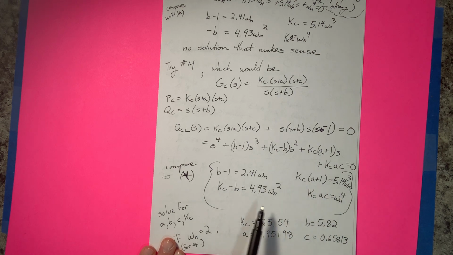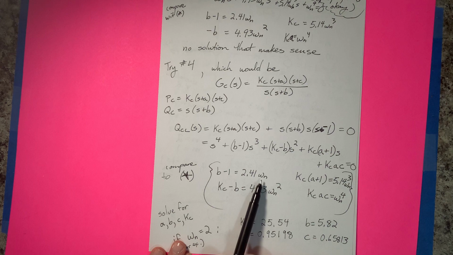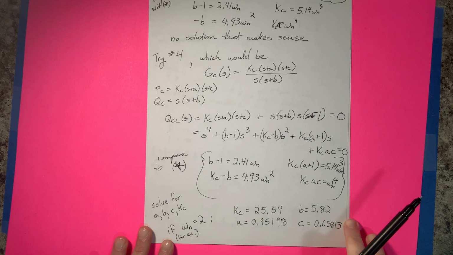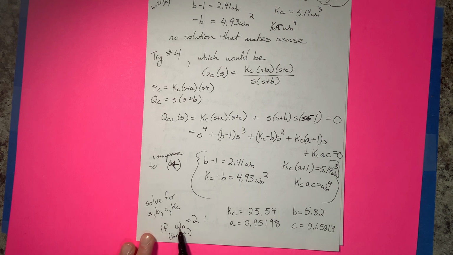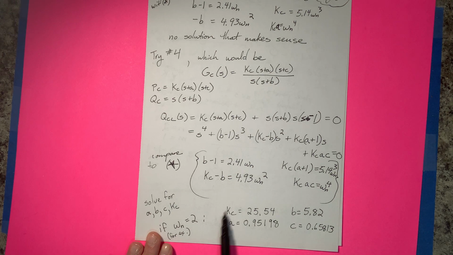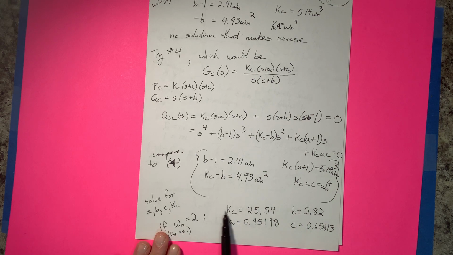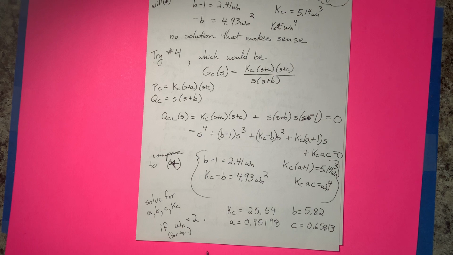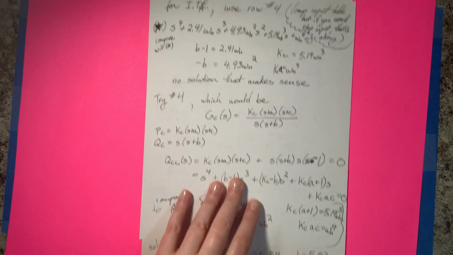Now, if you chose a value for omega sub n, you were able to go ahead and solve for values. Having an omega sub n equal to 2 would have resulted in real values, so I just wrote out example values here for that particular omega sub n in this solution. So that one did work.